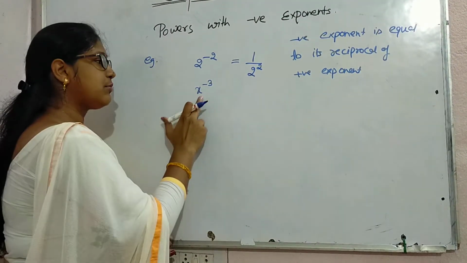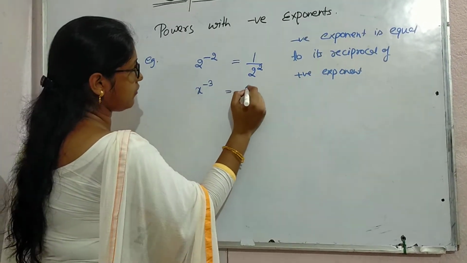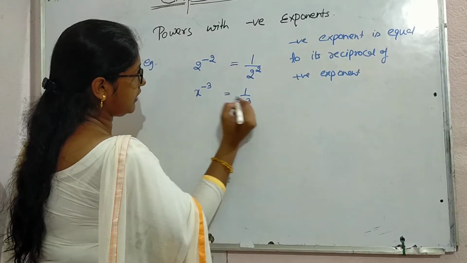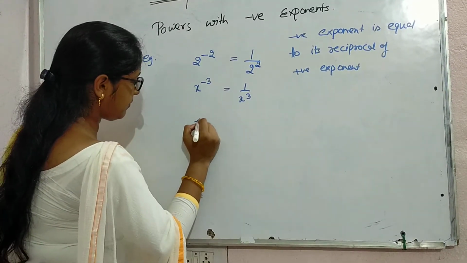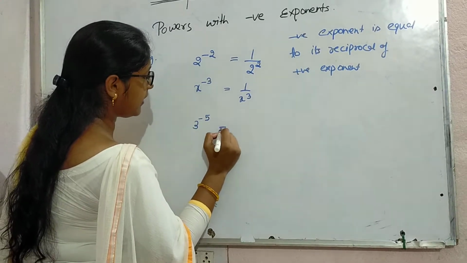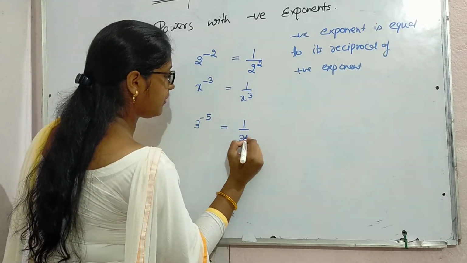So for this x to the power minus 3, we can write it as 1 by x to the power 3. Same as 3 to the power minus 5 is equal to 1 by 3 to the power 5.